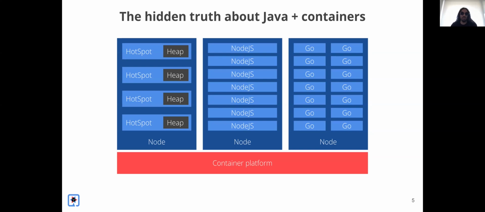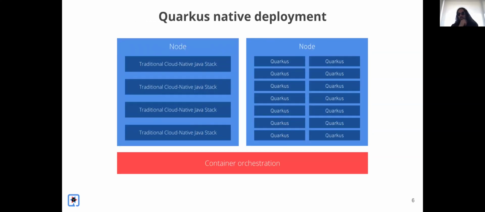So that's one of the main motivators why we came up with Quarkus. The idea with Quarkus is that we try to come up with something that reduces the CPU and memory usage, and I'm going to tell you exactly how. These are not to scale, but at least from what we've seen, we're able to fit way more Quarkus nodes than a traditional cloud native Java stack.